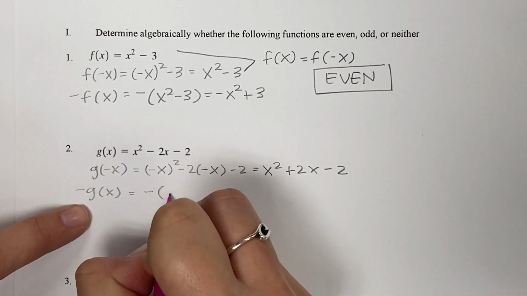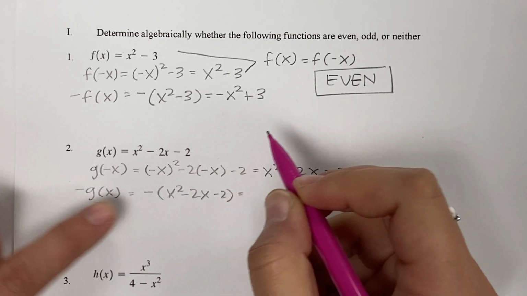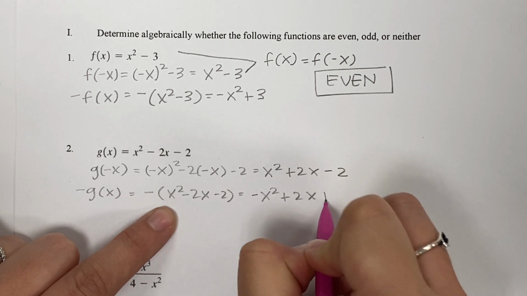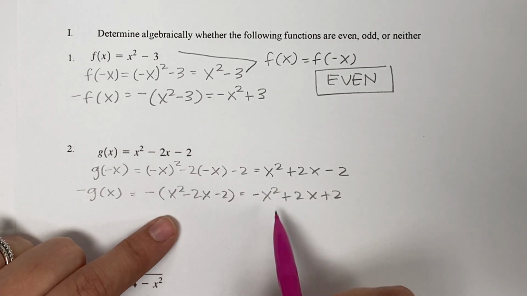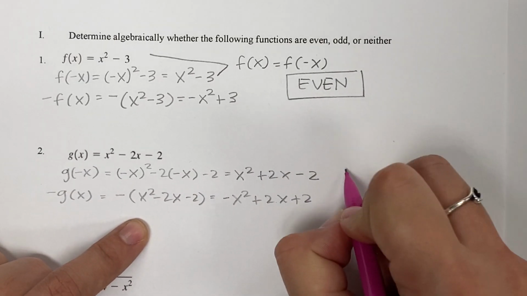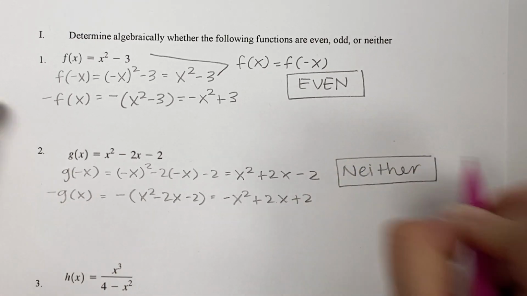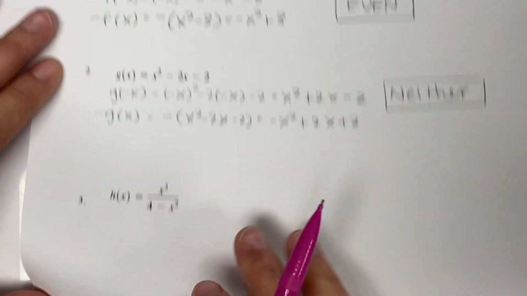And now negative, write the whole equation. Distribute your negative. So I'm comparing these three. They are all different. That means neither. Cool. And I'll let y'all practice on number 3.